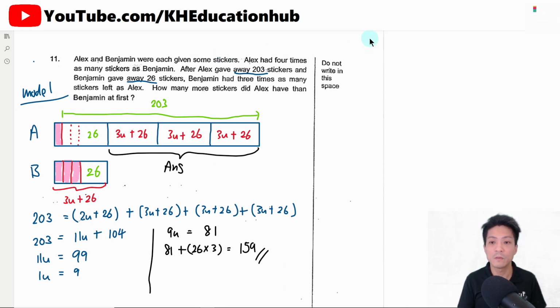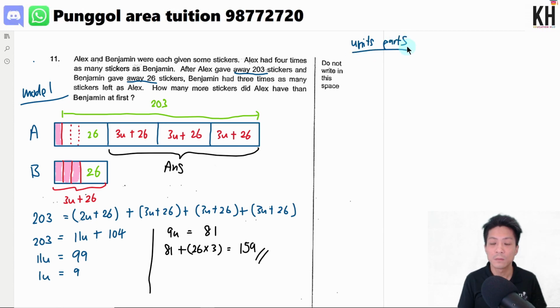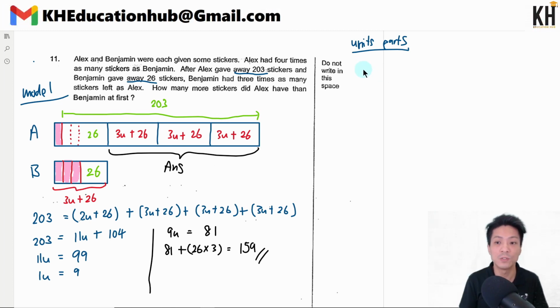Now I'm going to solve it by the units and parts way, but the way that I solve units and parts is a bit different. I'm just going to work it out the usual way that I solve it. So Alex to Benjamin is 4:1 at first.